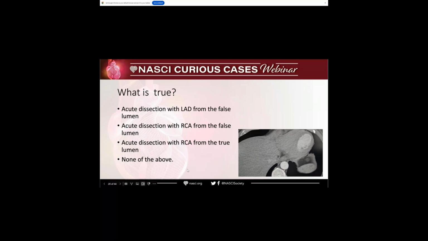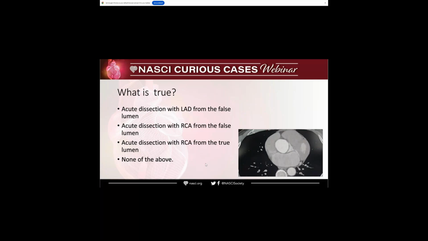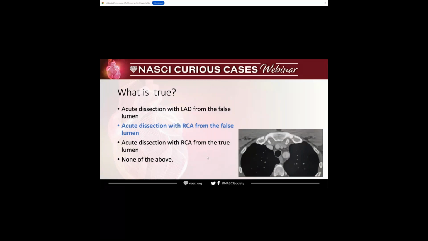Acute dissection with RCA from the false lumen. The RCA? Yeah, that would be my guess too. Okay, so you're correct. So we're talking here about an acute dissection with the RCA coming from the false lumen.